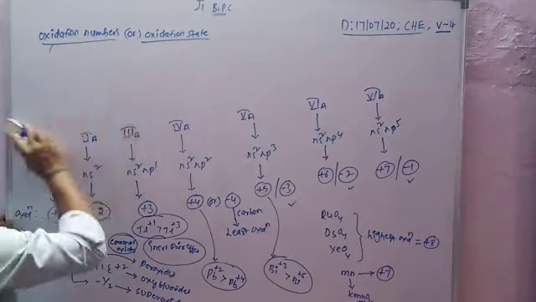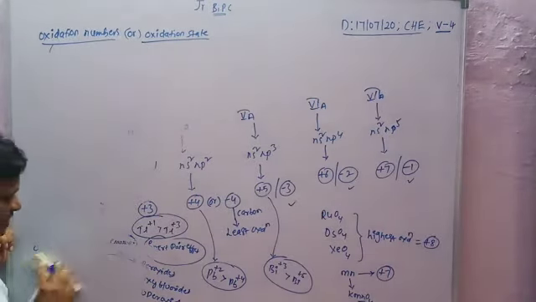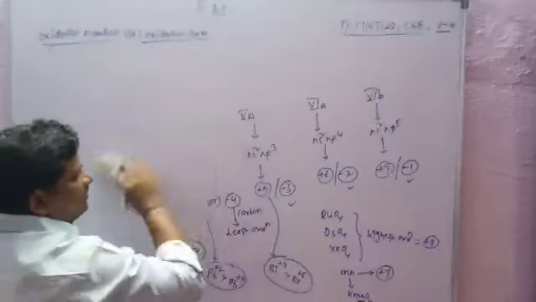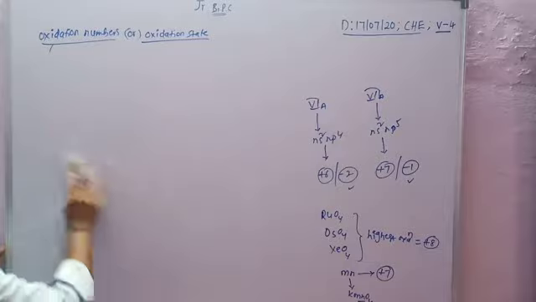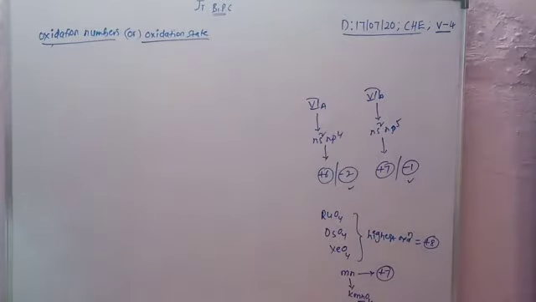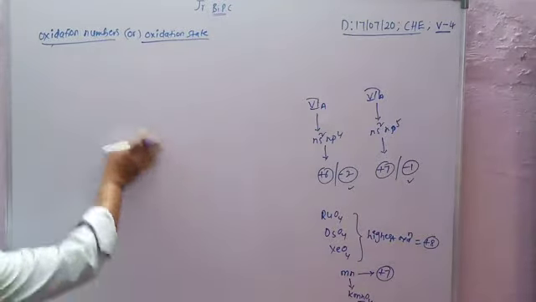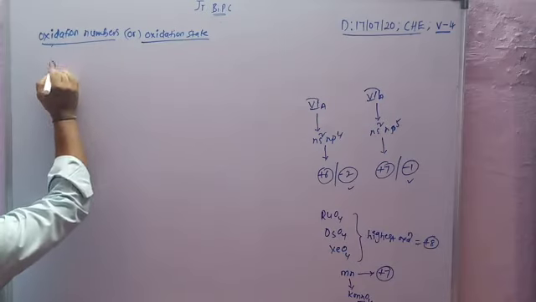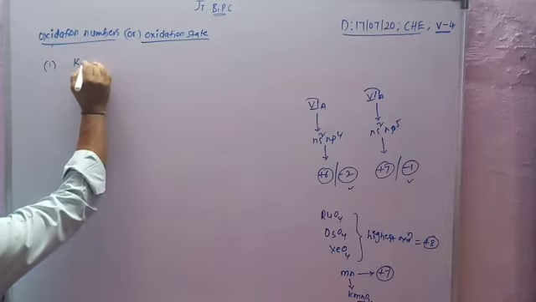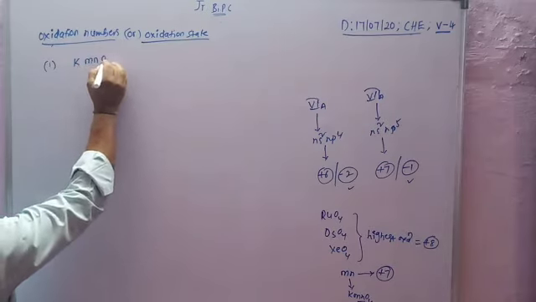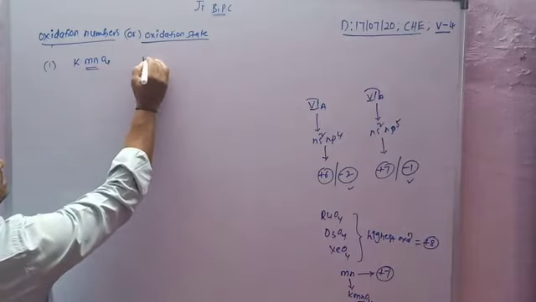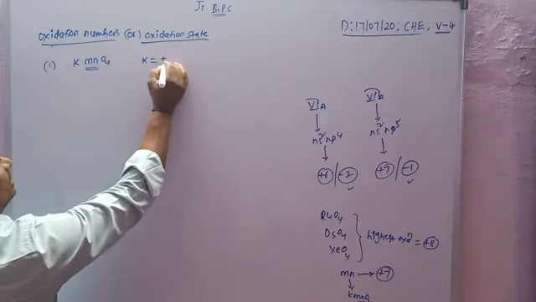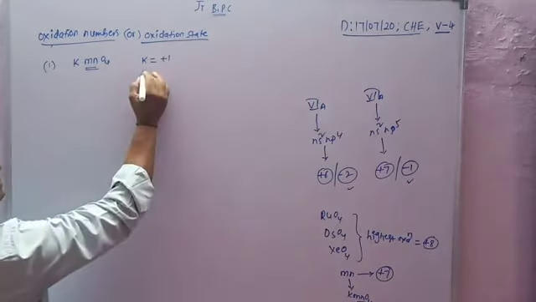So how do we calculate the oxidation number of a given element? Say the element's oxidation number is X. For example, consider potassium permanganate, KMnO4. Find the oxidation number of manganese. Potassium belongs to the first group, its oxidation number is +1.